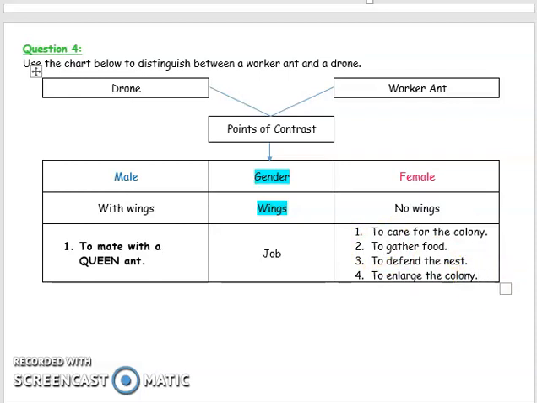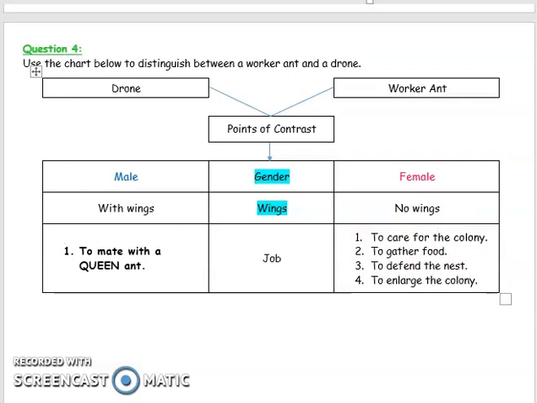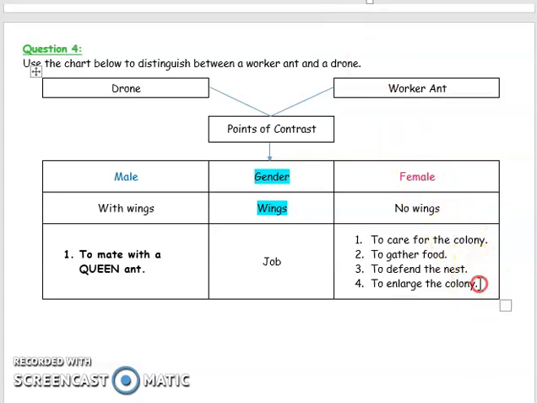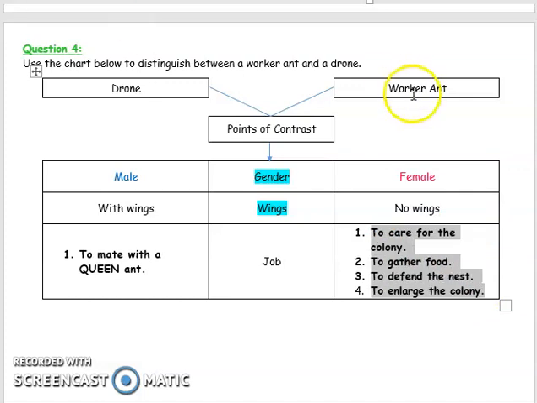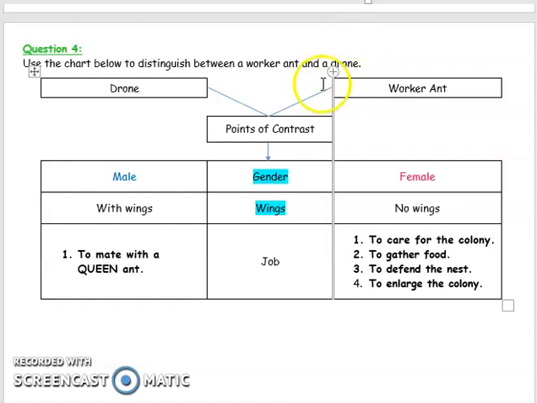Okay, so the worker ants are the ones that care for the colonies, and they do all the work, all what it's needed to keep the colony clean and healthy.